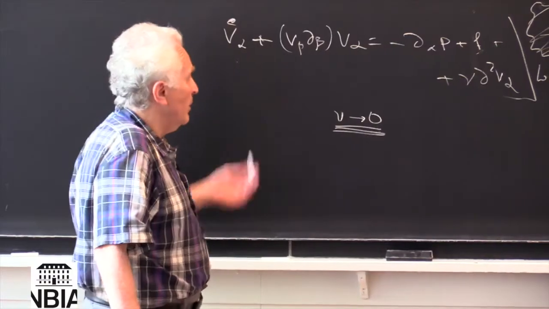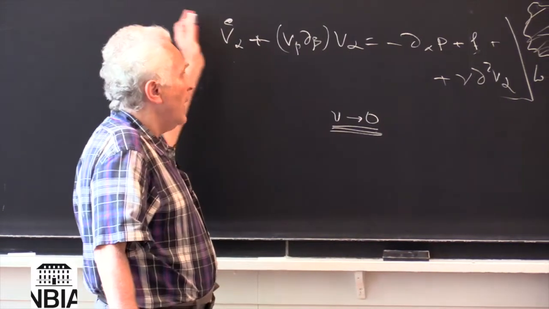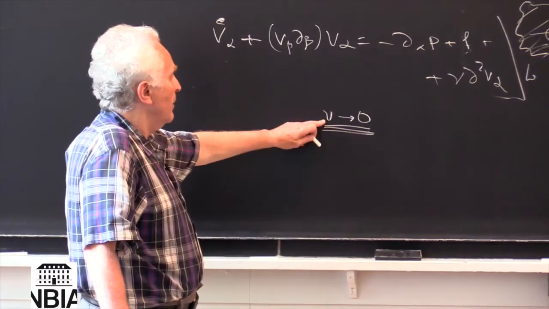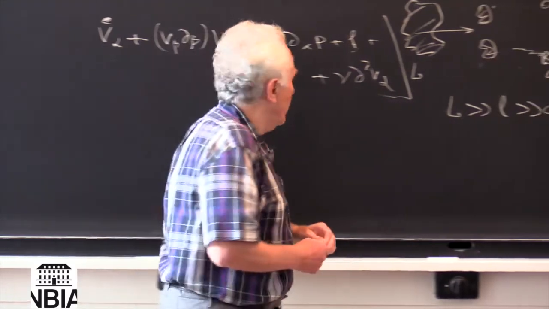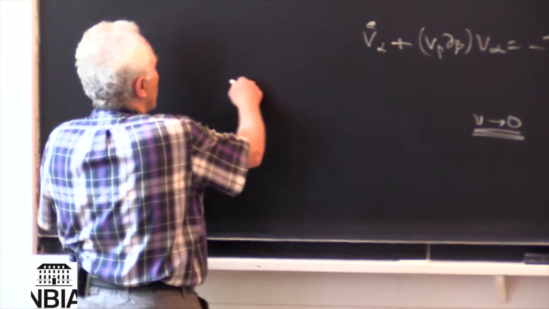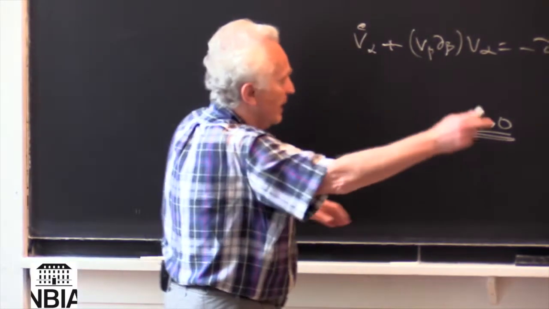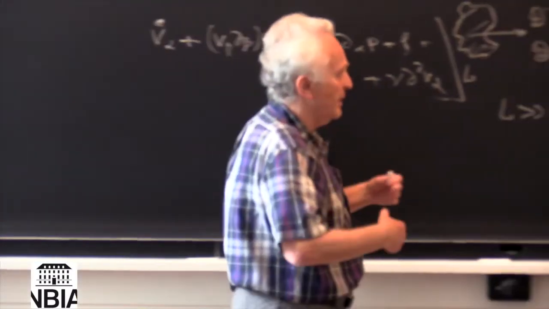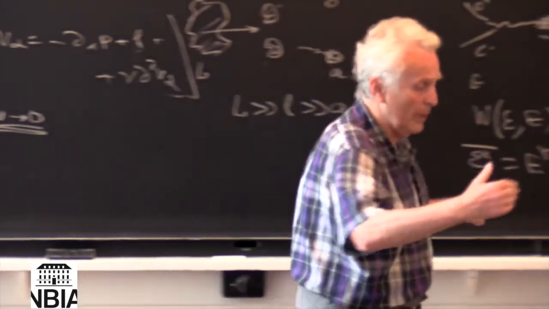Actually, it's very well known that even without turbulence, if you take viscosity to zero, there are solutions of the type of zigzags of multi-valued velocities. They turn into shock waves.